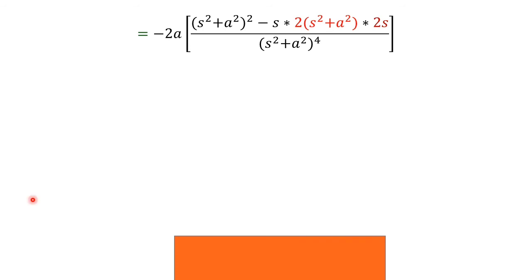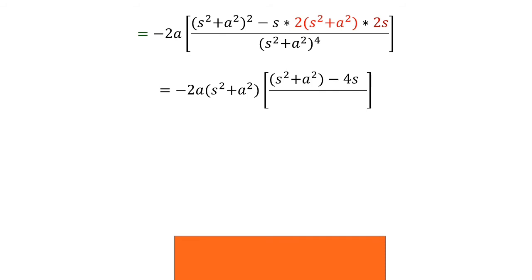So in the next step we write minus 2a times s square plus a square, and the rest of the term is s square plus a square minus 4s square, and the denominator has the same part.